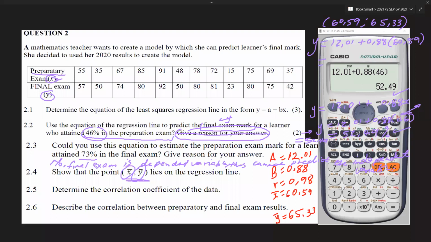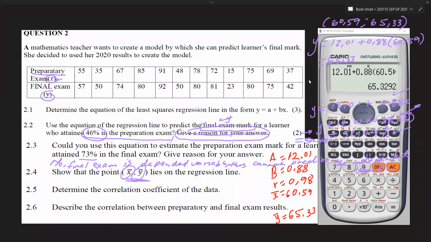So I have 12.01 plus 0.88 in brackets 60.59. It gives me 65.33. Do you see it? The answer is 65.33.